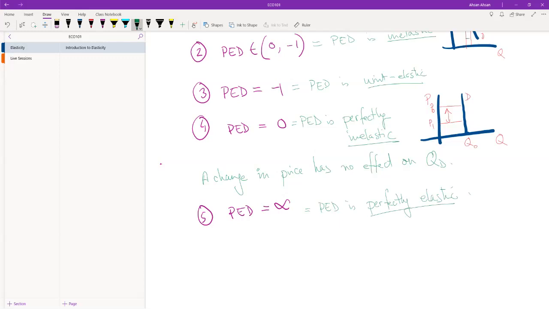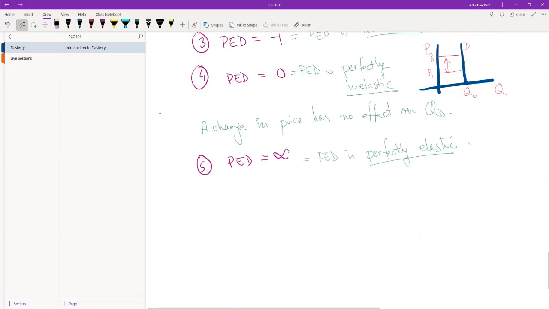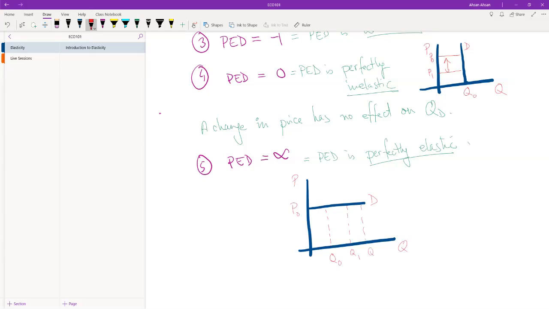What that means is, let me define it. Or let me draw the diagram first. I think that will be more helpful. So we have Q here, we have P here. This is our demand curve, this is the price level, and Q naught, Q1, Q2.